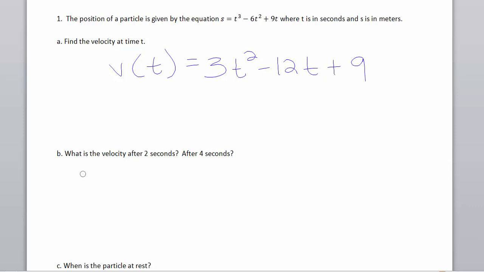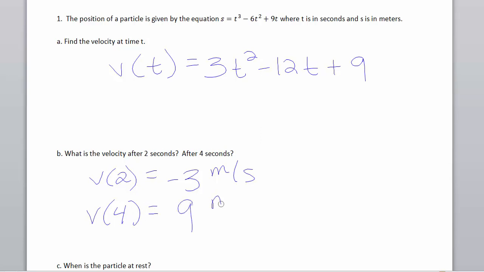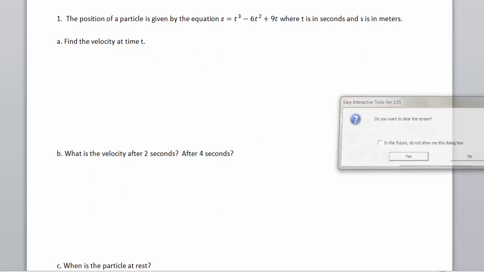I take that and plug 2 in, and I get -3 meters per second. After 4 seconds, I take my above equation, plug 4 in, and you should get 9 meters per second. Pretty simple. We've done this. You found velocity after a certain time period, given position.